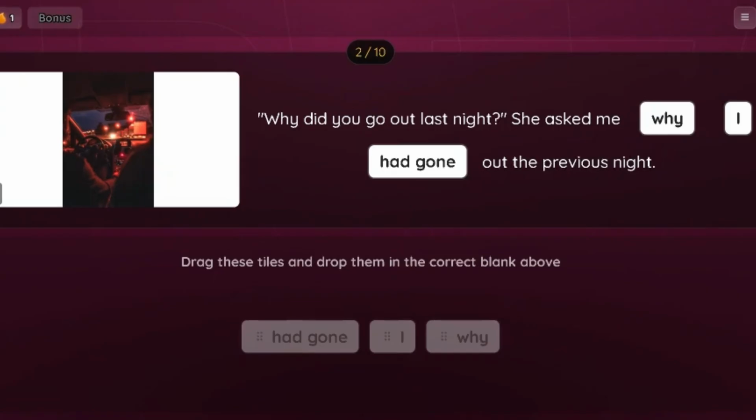If I have the present continuous, the past continuous. Using the same question word, and remove the question form, like this: why I had gone out the previous night.